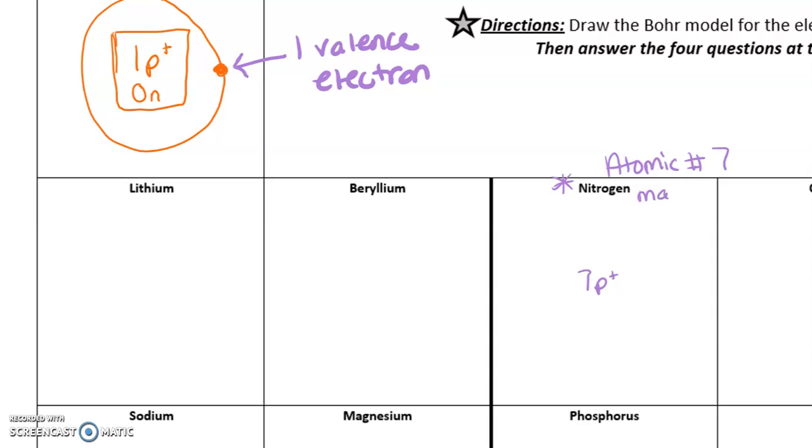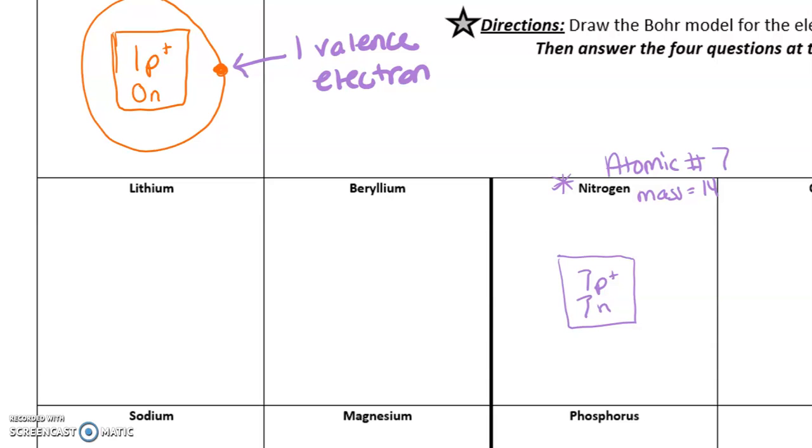So if its mass is 14, 14 minus 7 gives us our number of neutrons. That means we have 7 neutrons as well as 7 protons for this atom.